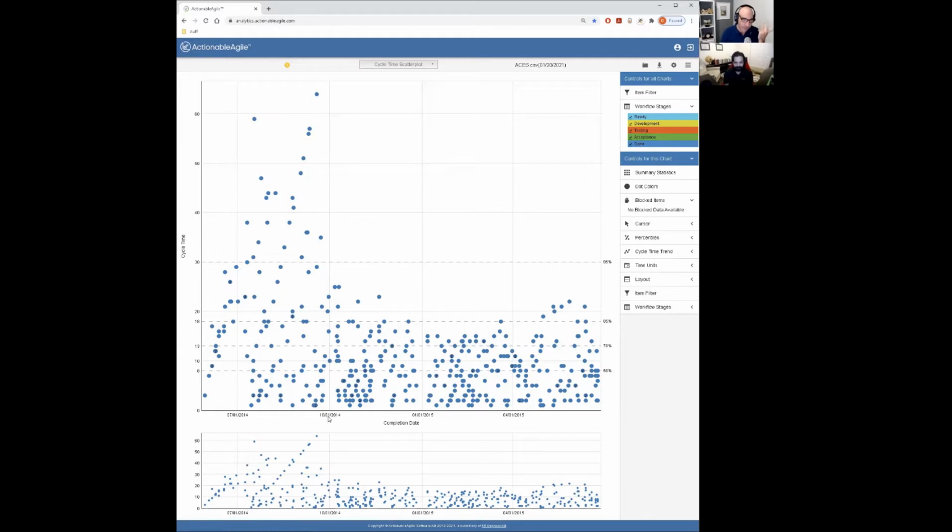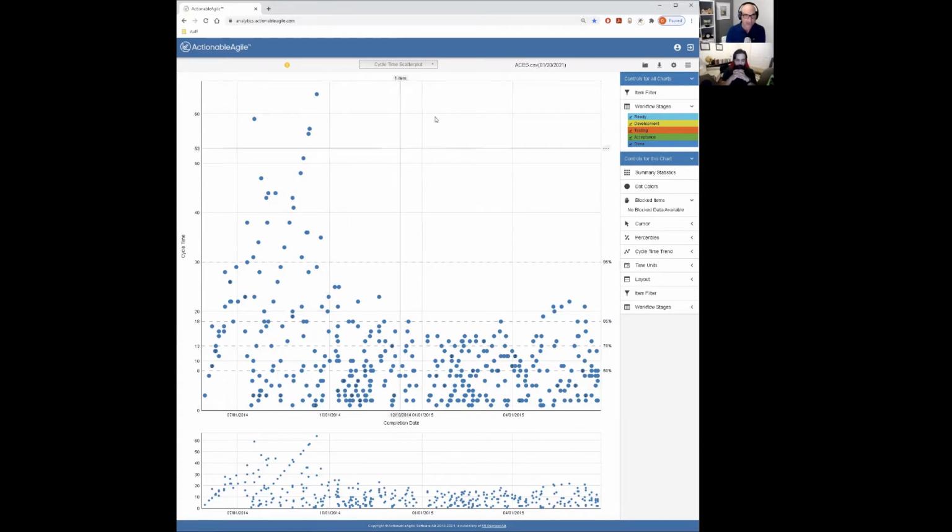And these are American dates, by the way, so apologies to people in Europe. Somewhere around the 1st of October, something happened in this process that fundamentally changed how this team performed. And that's exactly what we're talking about with time series data, where when the data is collected is a critical part of the context of doing that data analysis.